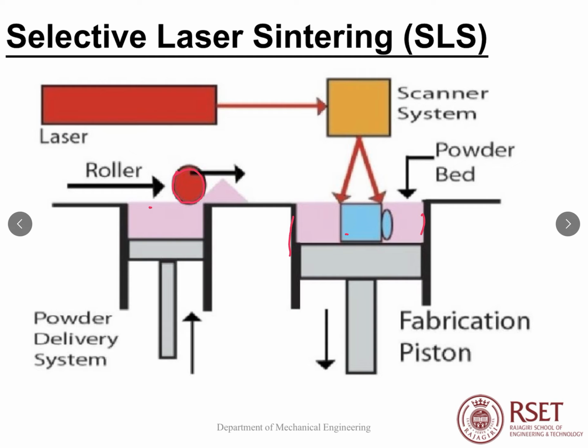First we heat both, and with the help of the roller we spread a thin layer of powder material over this piston, which is at the top position. Then we have a laser source, generally a CO2 laser, which scans the contour of the next layer and selectively sinters the particles of the polymer powder.